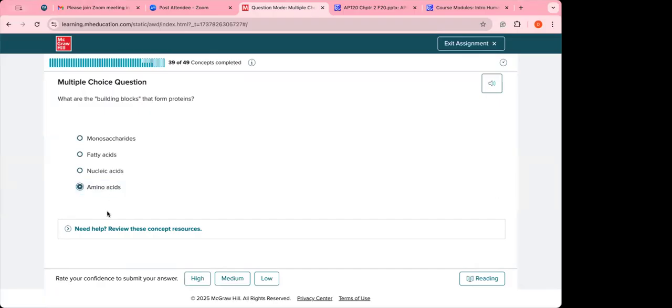Fatty acids and glycerol make triglycerides, which are lipids. Don't confuse those two. Amino acids are the building blocks of protein. Triglycerides, which are lipids, are made from fatty acids and glycerol.